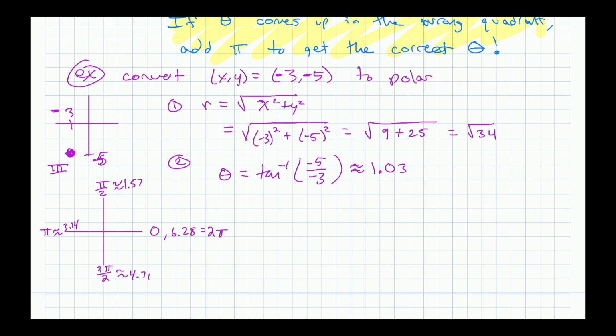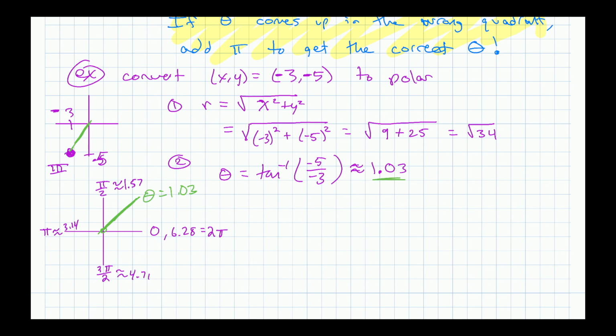All right. So what's the point? The point is that you get this angle, 1.03, which is in between 0 and 1.57 again. So it's up here somewhere, right? So you get this angle. You get an angle up here. And that's wrong, because we actually know that it's supposed to be down here in quadrant 3.